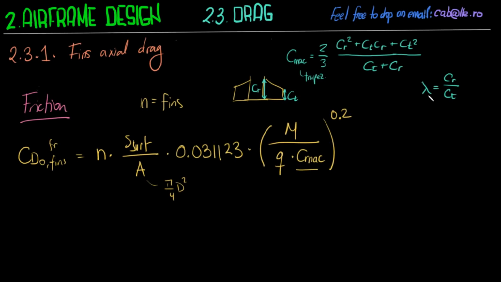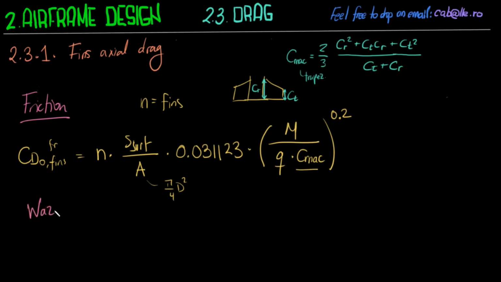If they're not necessary, I just prefer not to add more variables, so we'll just leave it like this. Okay, this is for the friction for the fins. We didn't have pressure. We were only missing the wave drag.